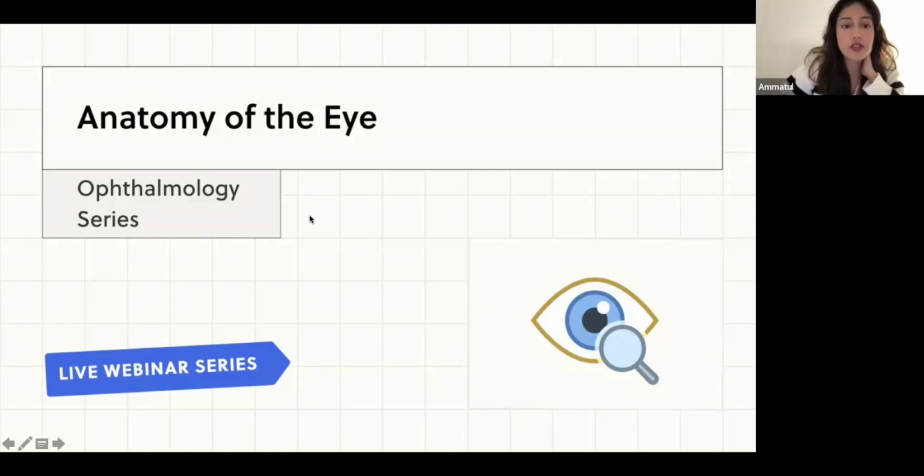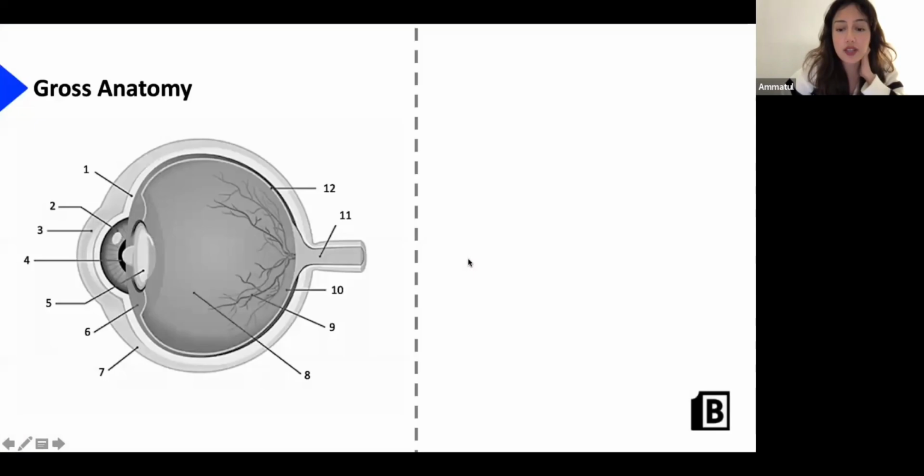So we'll start off by just having a look at the gross anatomy of the eye. So if you wanted to just think about what the structures that are labeled from 1 to 12 might be, and we can just go through it one by one, just so we get a bit of an idea, okay? So number 1, we have the sclera.